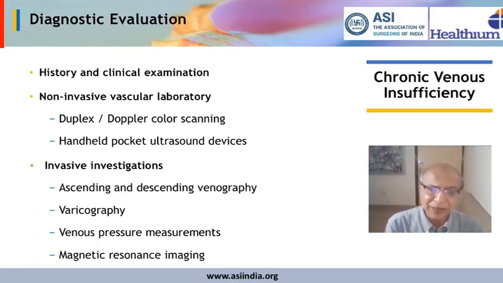So clinically, the veins are leaking. Clinically, the veins have hypertension. So I would say the sensitivity and the specificity of this test is certainly above 90 to 95%. But in a small percentage of patients, you have to be wary, and you have to convince your client that, look, these Doppler tests are probably okay. However, you will be relieved by treatment.